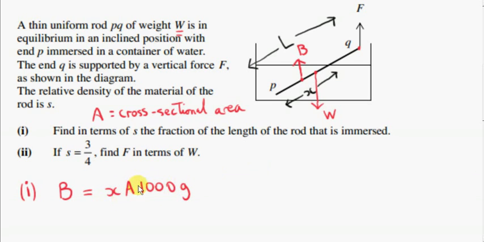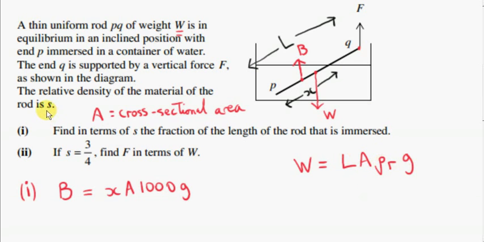Now, as we saw before, we need to get rid of A, so we bring in the weight of the rod W. We get the weight by getting the volume of the rod, which is the total length L times the cross-sectional area. That's the volume of the rod. We multiply that by the density of the rod. Okay, that gives us the mass of the rod, and we multiply by G to get the weight of the rod.